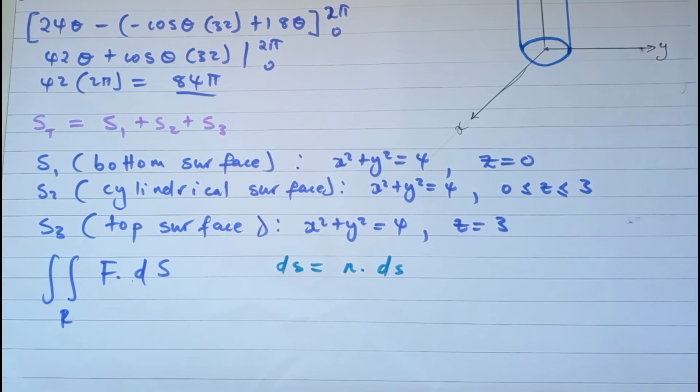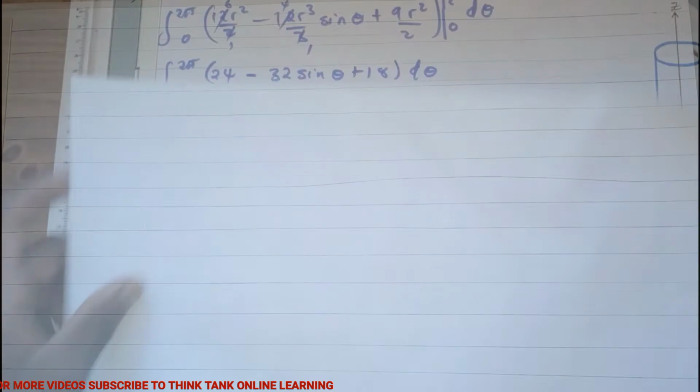So this is what we're going to do. First of all, I'm going to start with the bottom surface. So we said for the bottom surface, we're going to have a double integral of F dS.